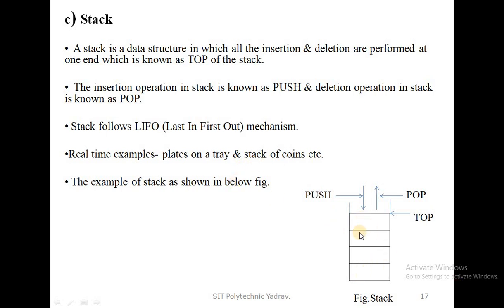Okay, the first plate is put at the lower position, and after that one by one the others are put on top. So when we delete or access a plate, the last one is accessed first, so it is called LIFO, means last in first out.